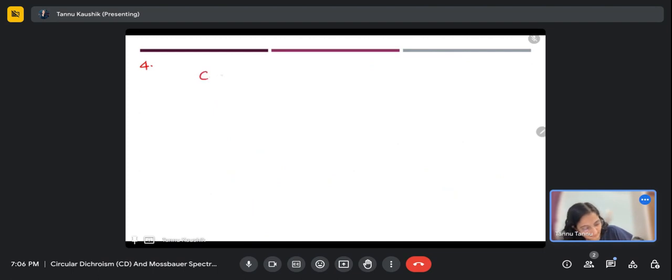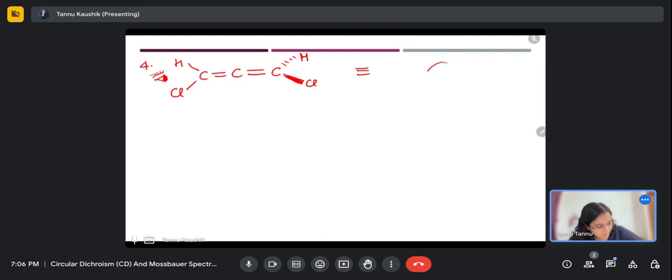Let's say we have a chlorine atom instead of the hydrogen atom, and if we represent it as Cl, so now we have to find out whether this molecule is not linear and doesn't belong to any special symmetry point group.